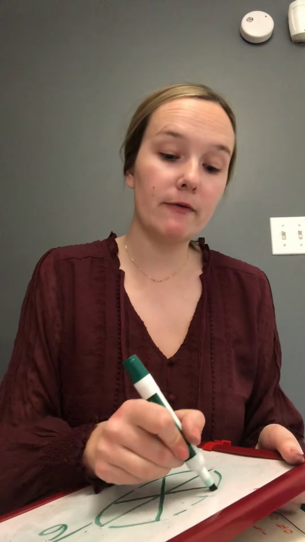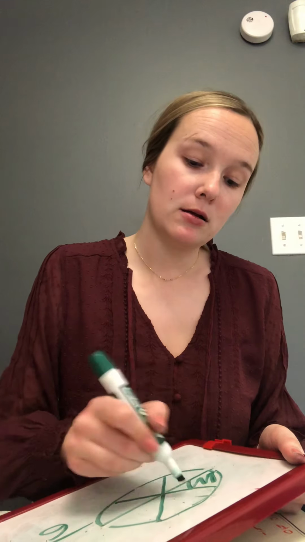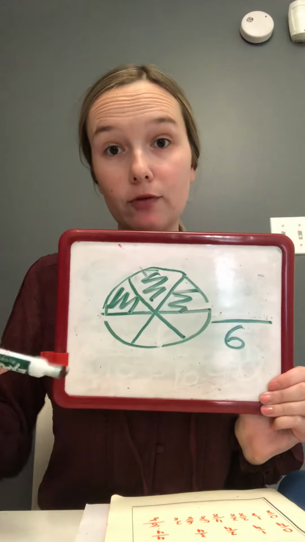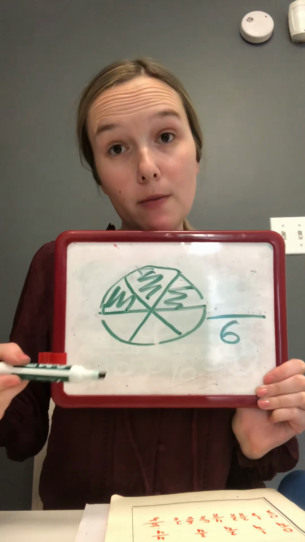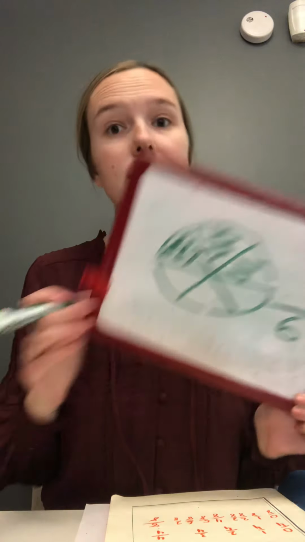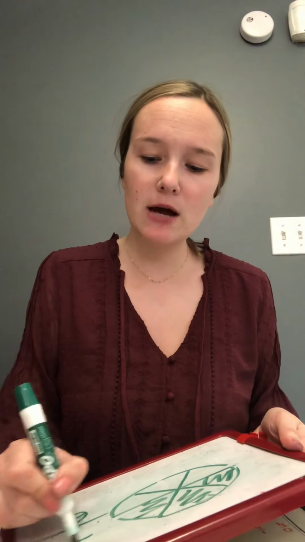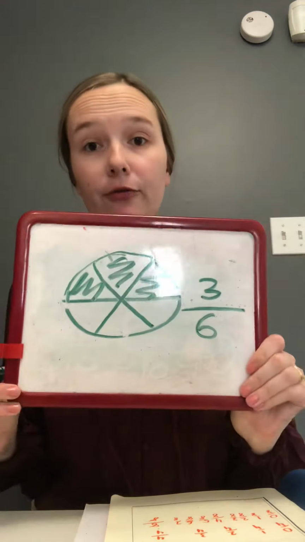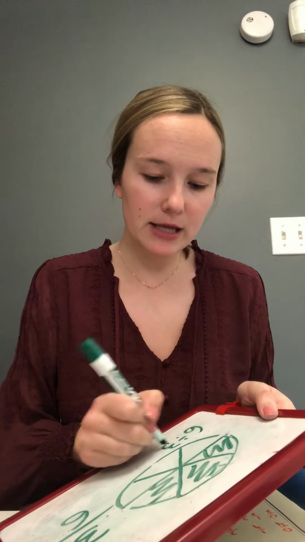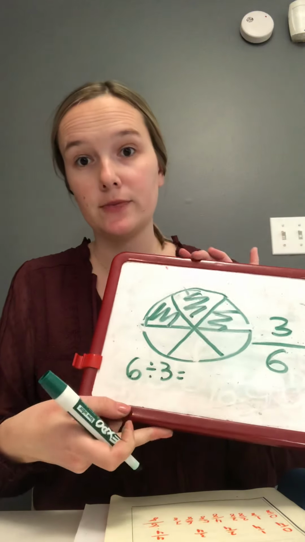If I was going to cover half of it, I can visually see that I've covered half of it because the top half is covered and the bottom half is not covered. And I also know that I covered 1, 2, 3 slices of pizza. So 3 out of 6 is also half. If you take 6 divided by 3, let's see if that is 2.